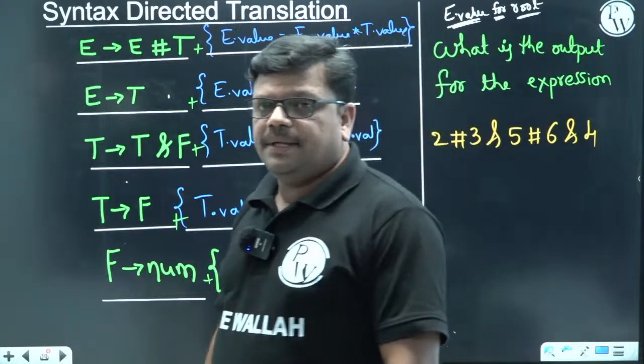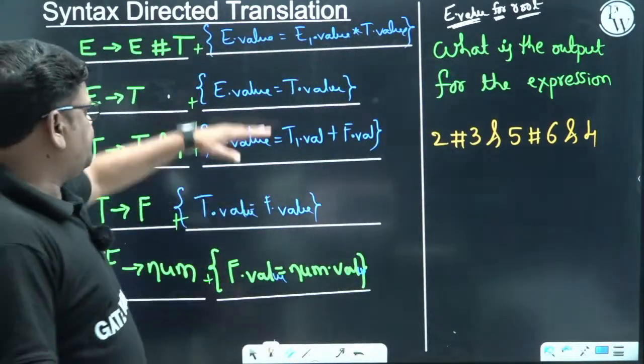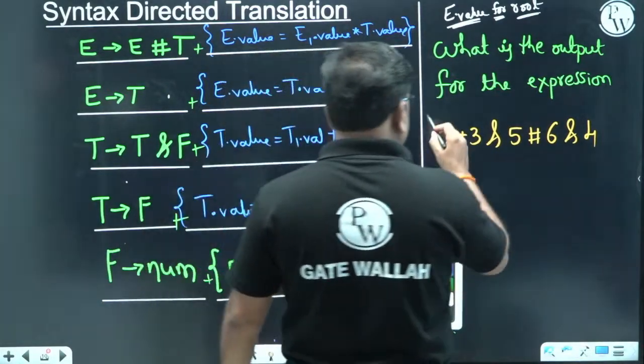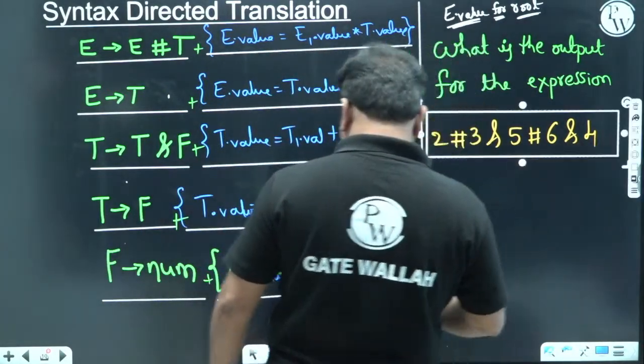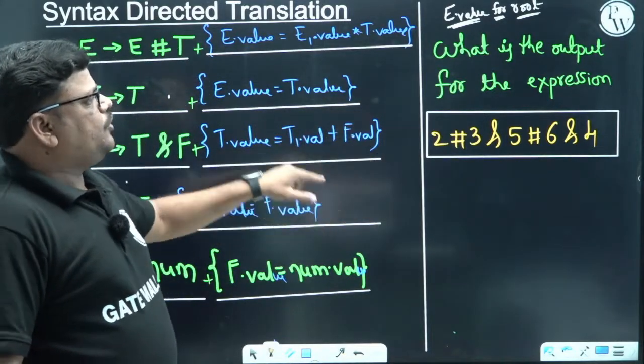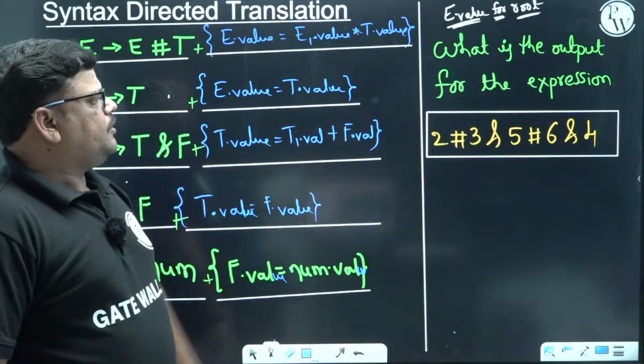The questions will be like this: he will give some input and the SDT will be there. This is the input, an expression, because this SDT is doing evaluation of expressions. So what is the value for the expression?